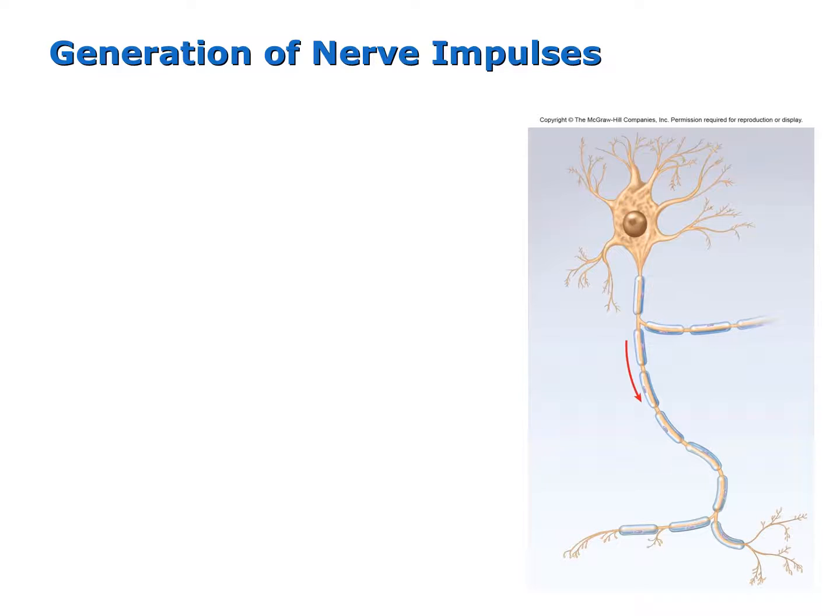First, I would like to outline the steps that are involved in the production of a nerve impulse or action potential by a neuron. Let us assume that this neuron, shown on the right side of your screen, has a plasma membrane that is at the resting membrane potential.